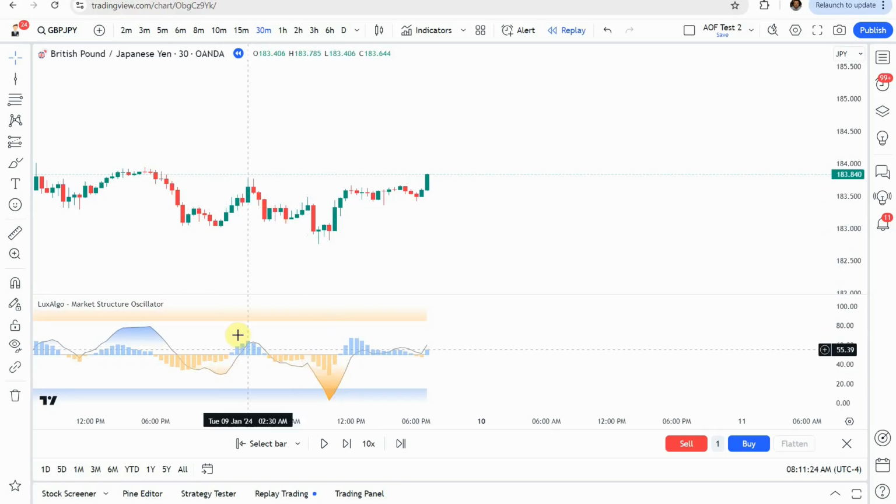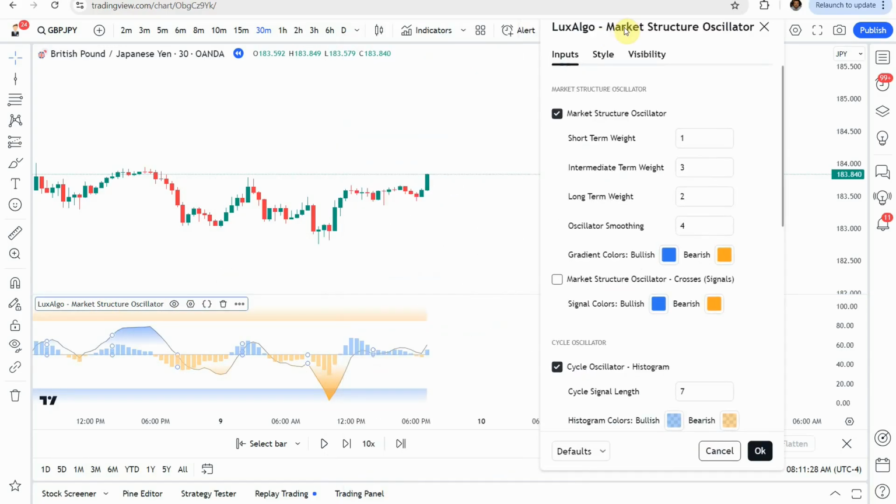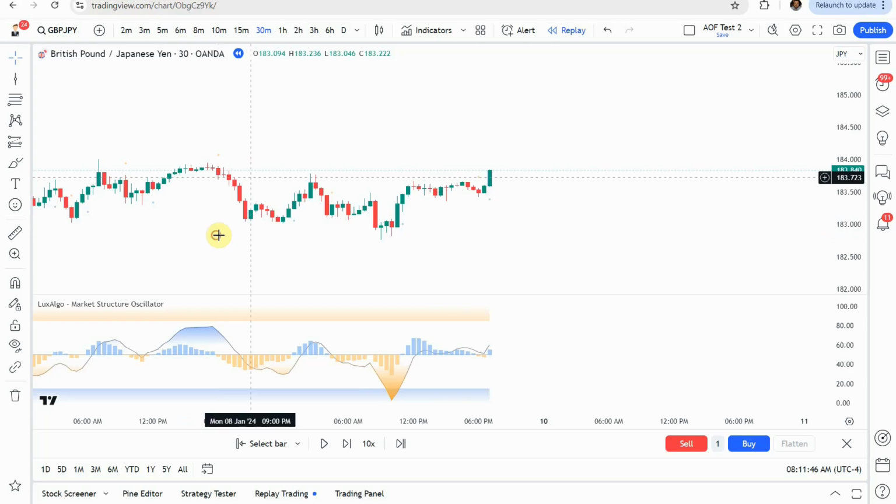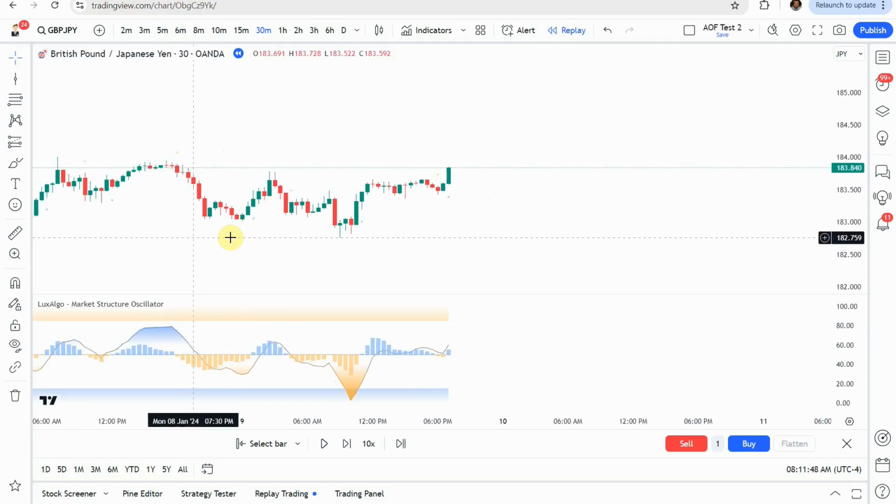The indicator basically just lives below the chart. And if I go back in and I check that box there, you can see that now we get these dots right here. They're very faint, slightly hard to see, but basically we have orange dots and we have blue dots that are kind of coinciding with the color pattern of the indicator itself. And that's what we're looking for to be on screen.